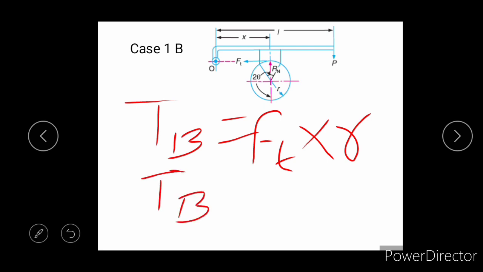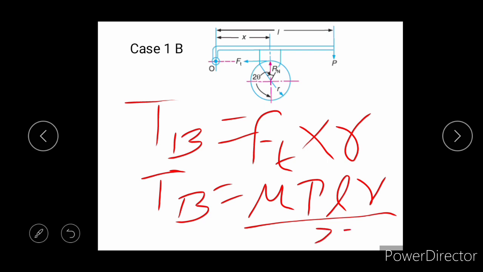So braking torque TB will be equal to mu PL r upon x. It means the values for case 1a and case 1b are the same. So you can make notes by pausing the video.